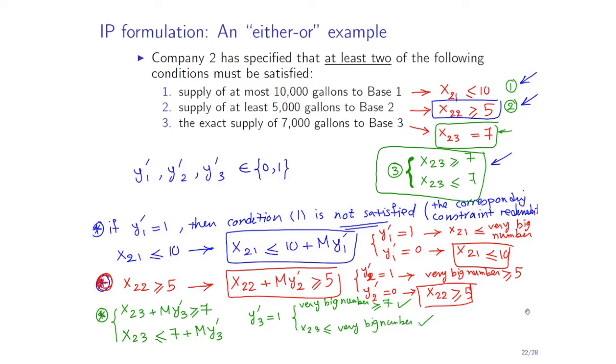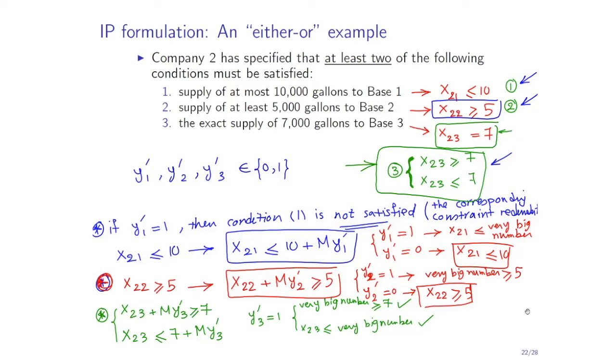So with the value of y prime 3 equal to 1, I will get rid of this constraint, and setting y prime 3 equal to 0 will lead to the original condition 3 constraint. Right? Are we done?